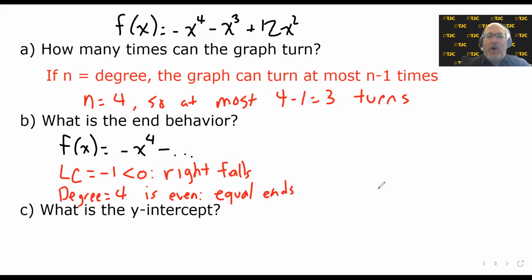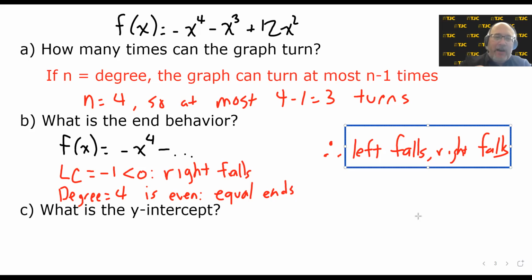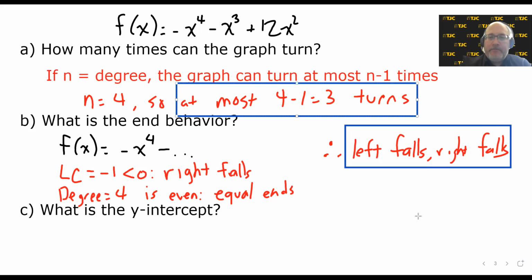Well, if the right falls and the ends are equal, then we can conclude, therefore, the left falls and the right falls. So both ends of this graph fall. Both ends of this graph point down. We'll put our results in blue boxes so that they're easier to find later when we put it all together. If you need more help with the end behavior, go watch the end behavior videos.